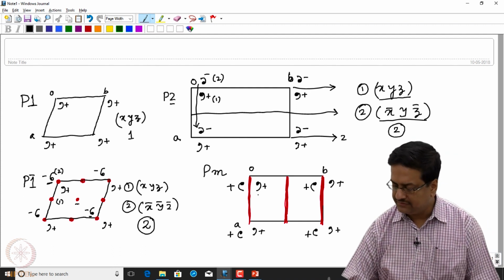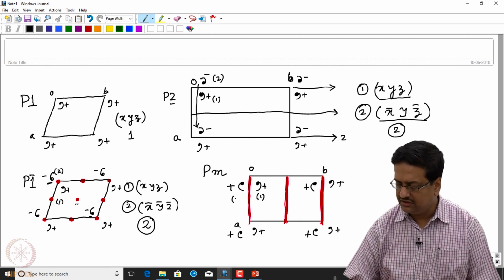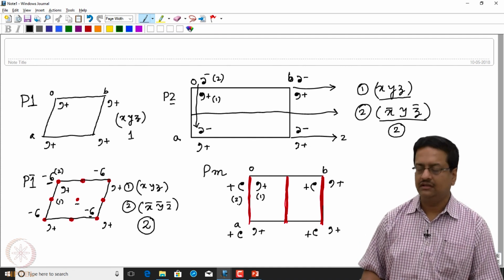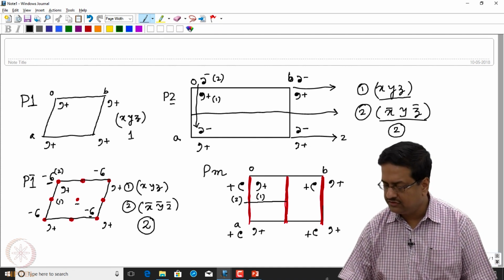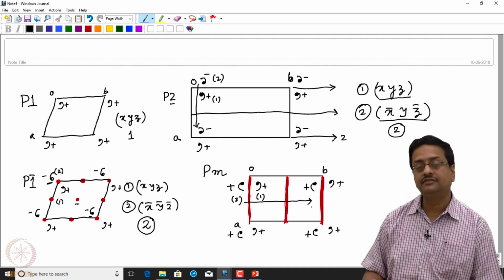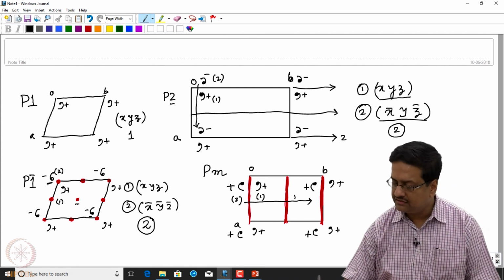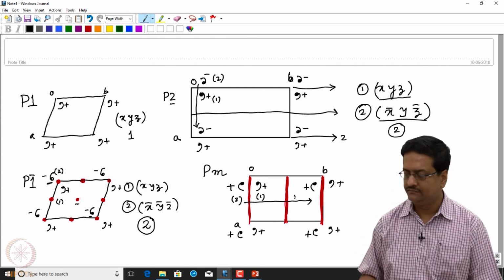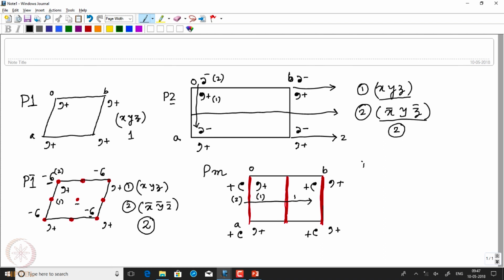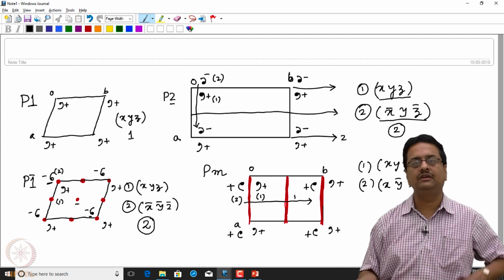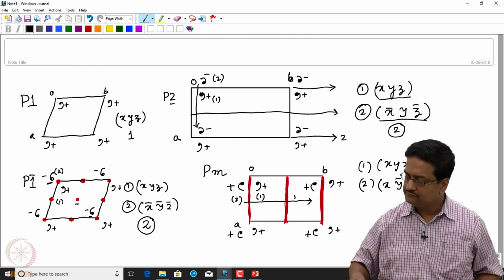So, if the first point is 1, the mirror image is 2, the point number 2 is moved inside the lattice by adding 1 unit along B. So, the equivalent points for these are x, y, z, and for the second point it is x, y bar, z, because the mirror is perpendicular to y.